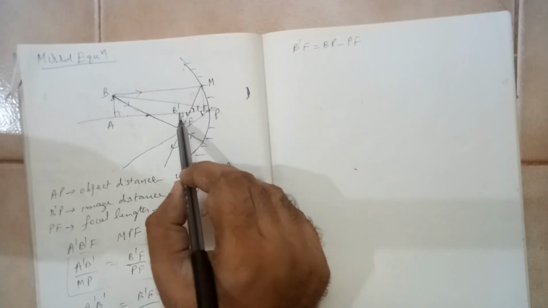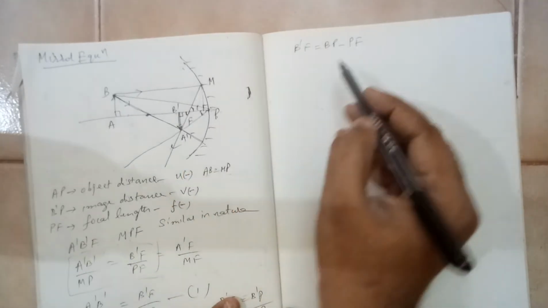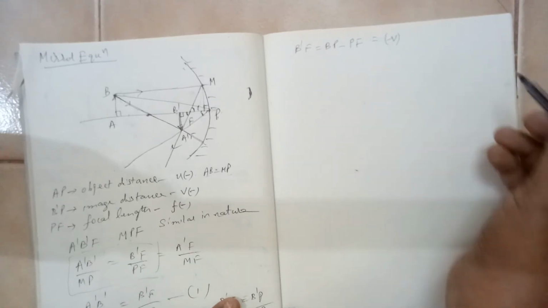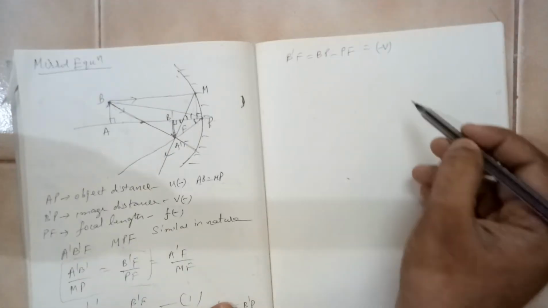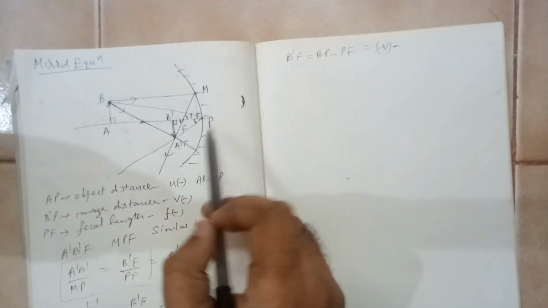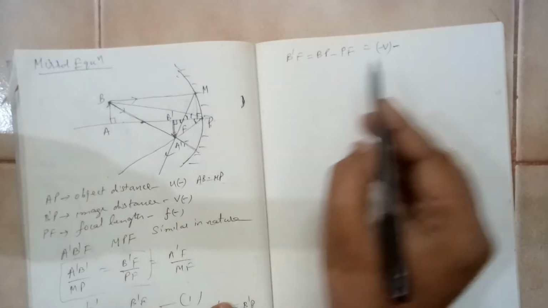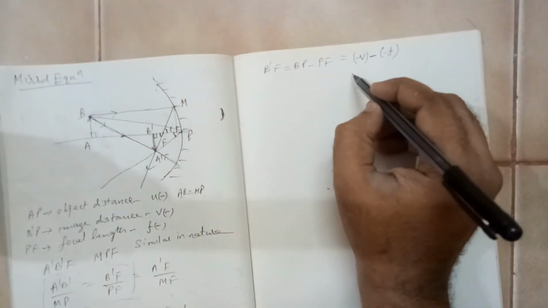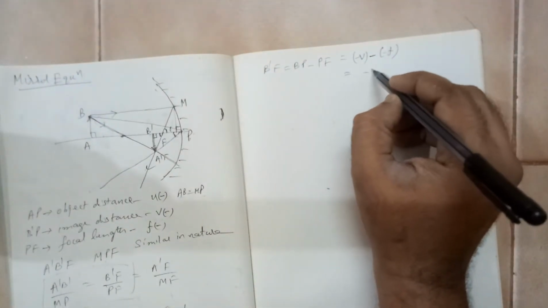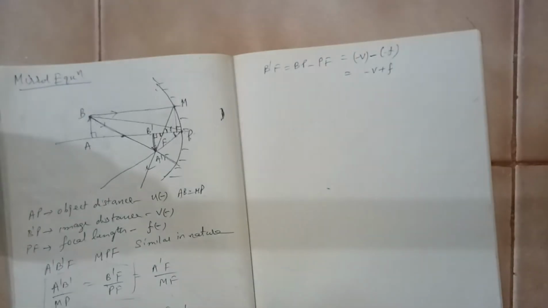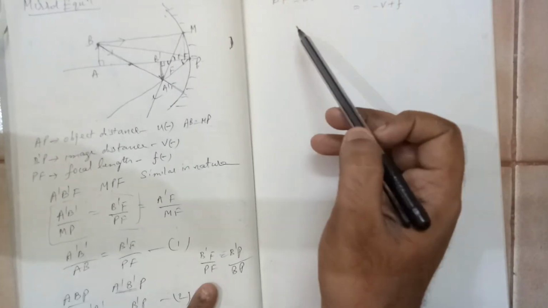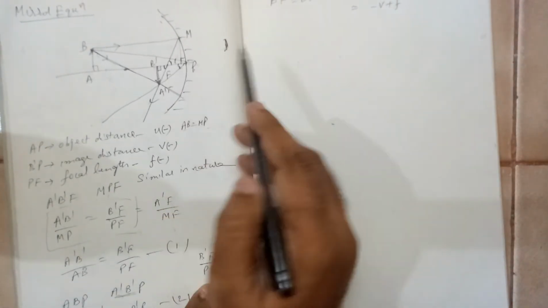But B dash P is the image distance, so it is equal to minus V. And PF is minus F as per our sign convention, so this becomes minus V plus F. So B dash F we have calculated. PF is already minus F.